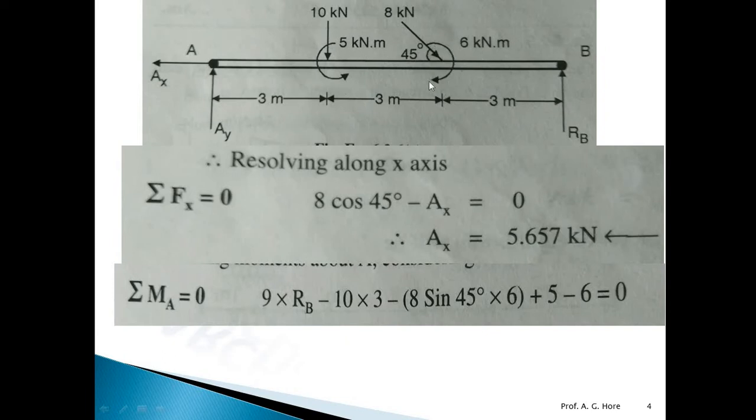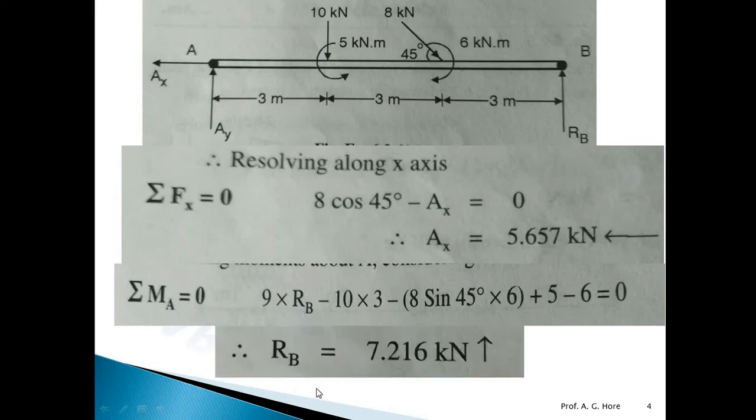This clockwise couple 6 kilonewton meter, so minus 6, equal to 0. Now here only RB is unknown, so if we simplify and do the calculation, we will get the value of RB. This is 7.216 kilonewton.